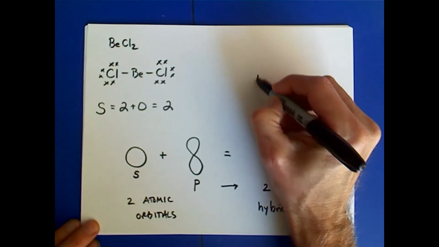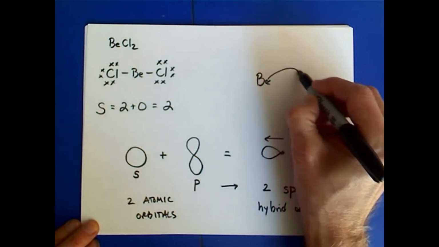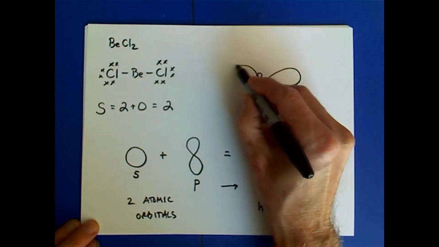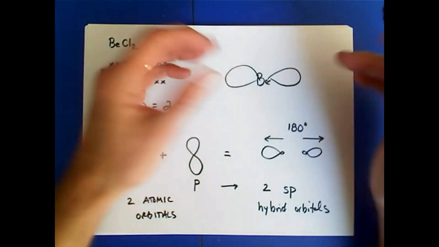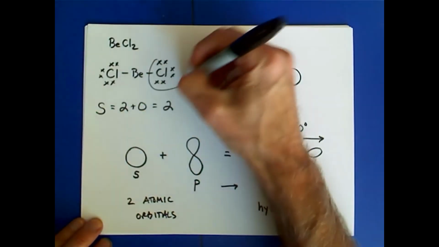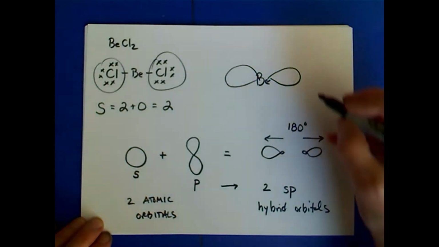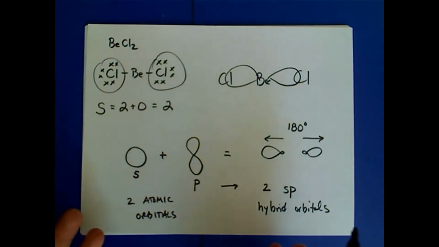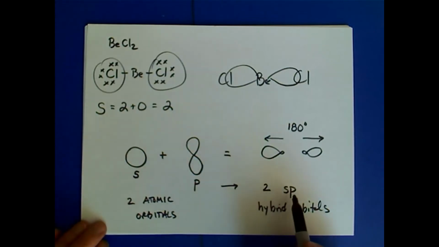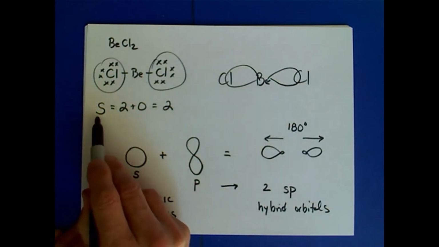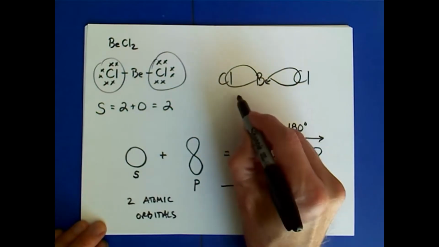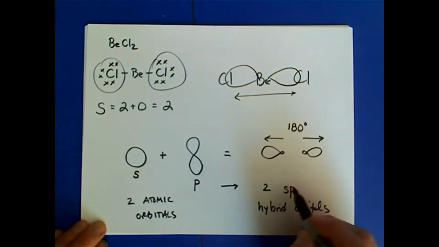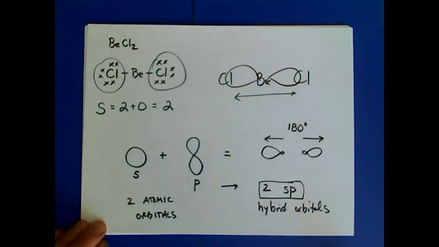And so you get the beryllium with a lobe that points this way and a lobe that points this way, and these lobes are then going to interact with the orbitals on the chlorines in a certain way. And that's basically the idea for how sp hybridization works for a steric number of 2 to give you a linear arrangement of what we call sp hybrid orbitals.